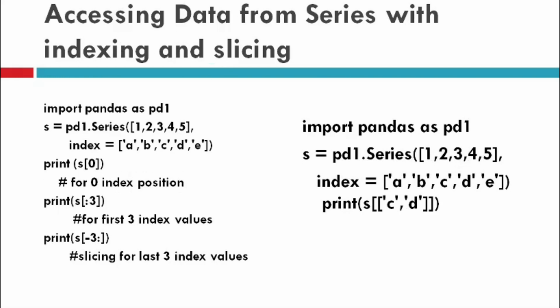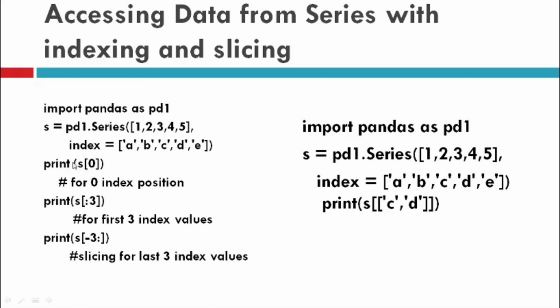Now, how can we access the series with indexing? This is an example of indexing. S is the series and the index is A, B, C, D, E, and we print S[:3].